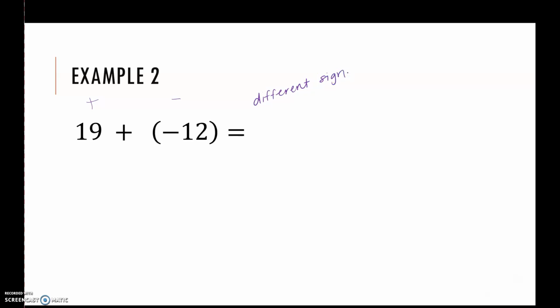Which means we're going to subtract. So we take 19 minus 12. 9 minus 2 is 7. 1 minus 1 is 0. So we have 7. And we keep the sign of the biggest number. Which is bigger, 19 or 12? Well, 19 is a larger number, so there are more positives, so my answer is going to be positive.